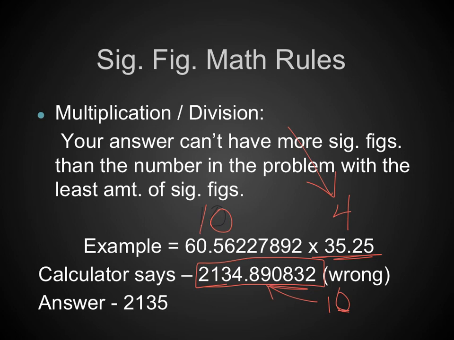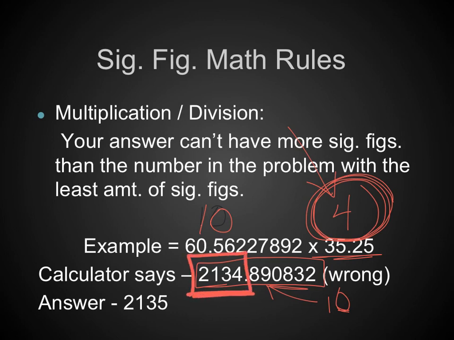If we're doing science the correct way, the rule is with multiplication and division, you can only have the number of significant figures that you have in the lowest number when you started. So in this case, this number, 35.25, only had 4 significant figures. So our answer can only have 4 significant figures. So what I will do is I will round this so that it only has 4 significant figures.